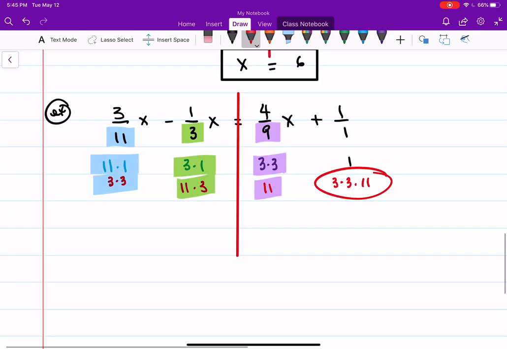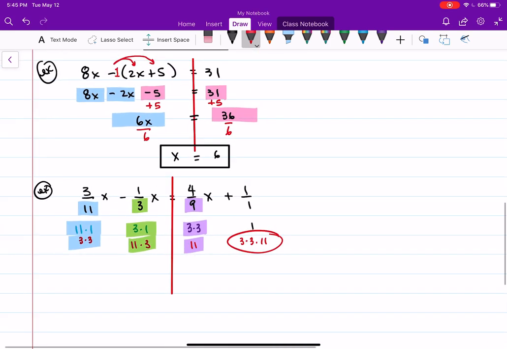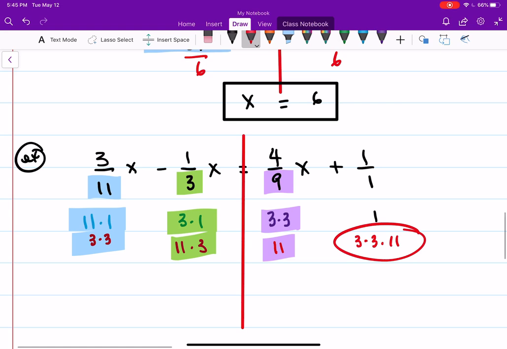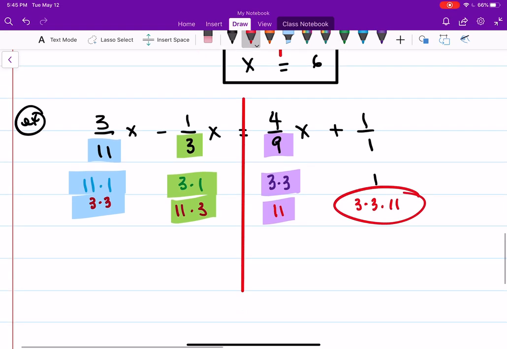Yes? Okay. So now we're going to multiply top and bottom by those numbers. I want to multiply this bottom by 9, because 3 times 3 is 9. I'm going to multiply this bottom by 33. I want to multiply this one by an 11, basically what's in red, that's why I'm using red. And multiply this one by a 99.